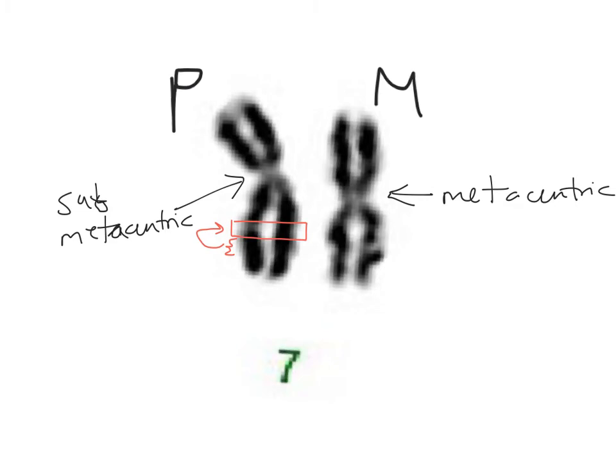Alternatively, you could imagine that maybe the P version is the original version. What if there was a deletion of that material from dad's copy? Maybe mom has a deletion of part of this chromosome, and she passed that on to this individual, their offspring.